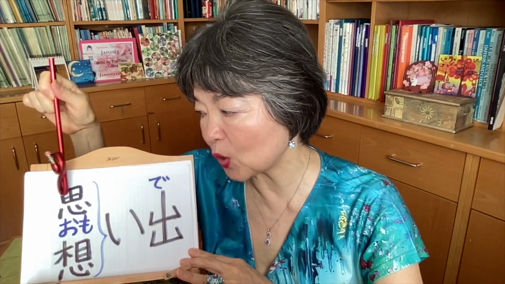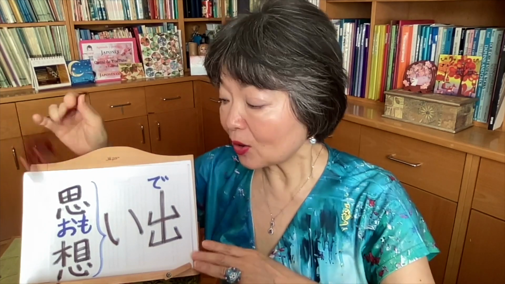But the second one is not in joyo kanji. You might see this second kanji maybe in literature or in song lyrics, because it expresses stronger emotion. But anyway, you can use 思い出 with this first kanji.